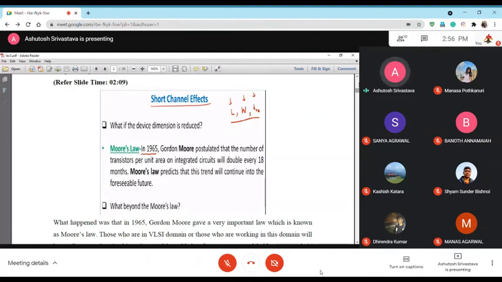The number of transistors doubles every 18 or 24 months, and Moore's law predicts that this trend will continue into the foreseeable future.